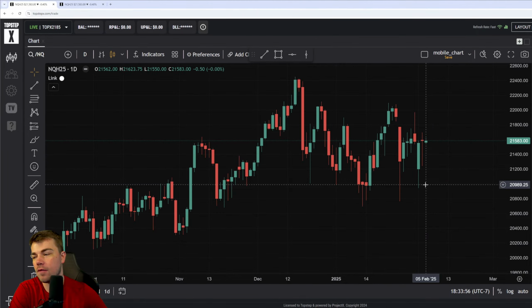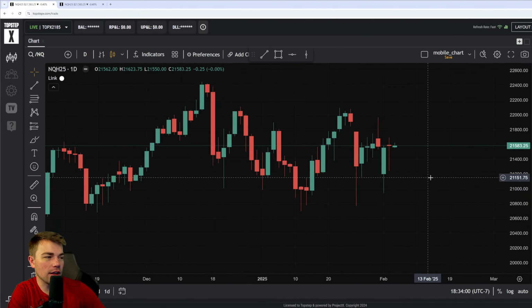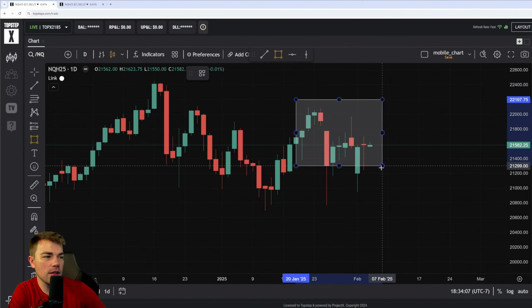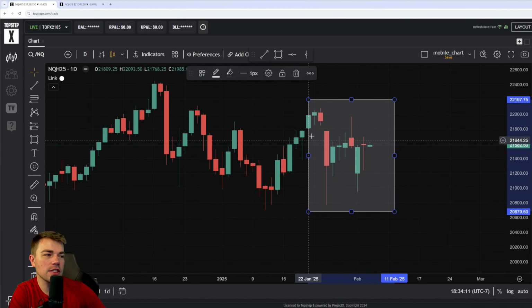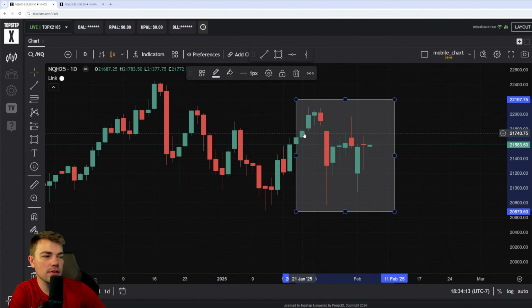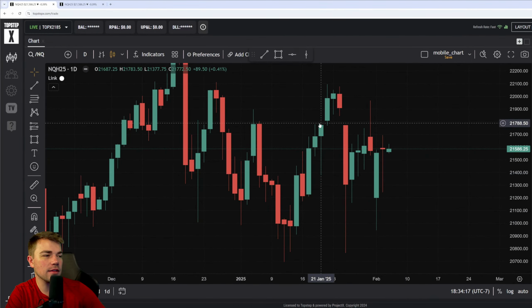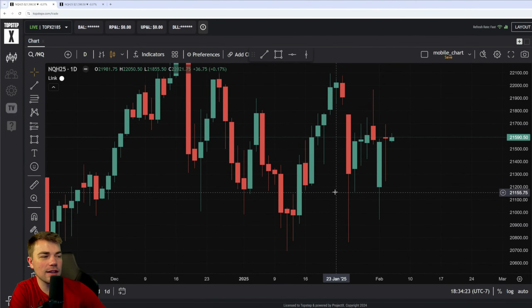It's a mess from the daily perspective. If we look at the last 2 weeks, it's just been very chaotic, very sporadic, right? You can see there's plenty of gaps, gaps everywhere, whipsaws, wicks on both sides.